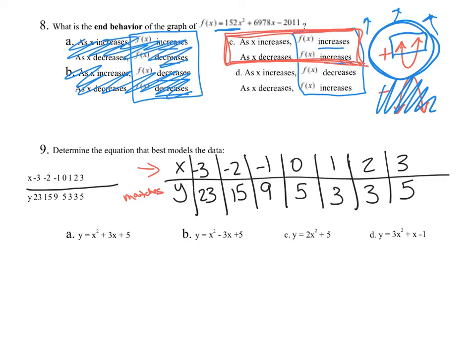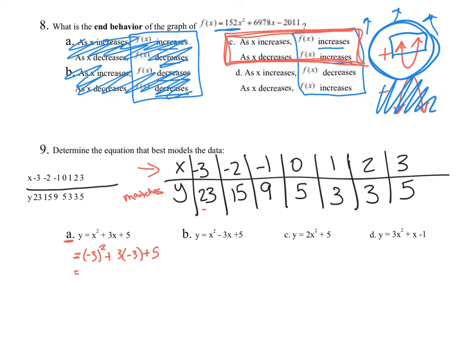So if we had, say this first one, I'm just going to take the first -3. So if I plug in -3 for every time I see an x, I want to see what I get out. And if it matches 23, then it could be a possibility. But we have to check several of them because some of them might match, but then it might change after so much.